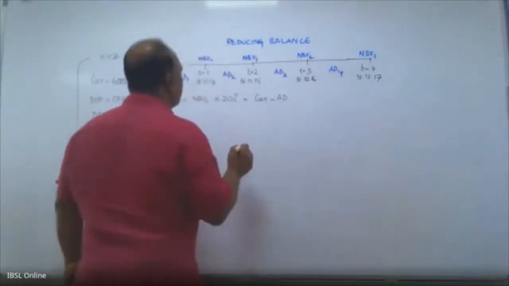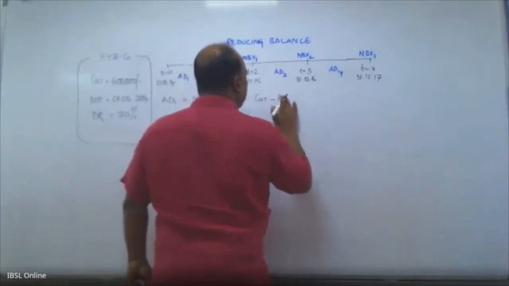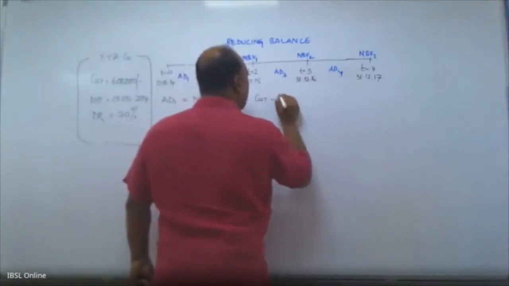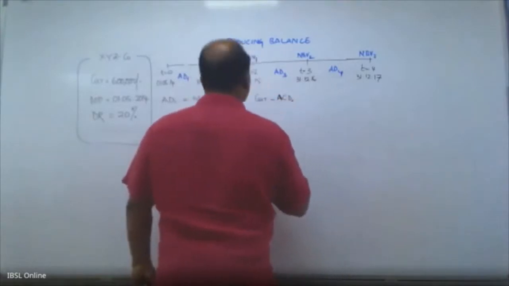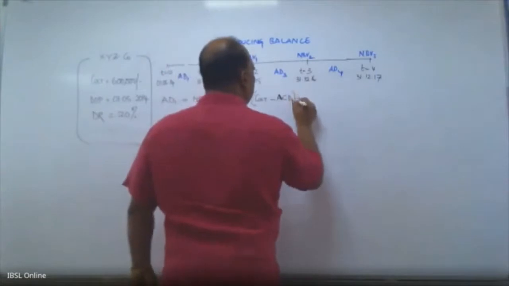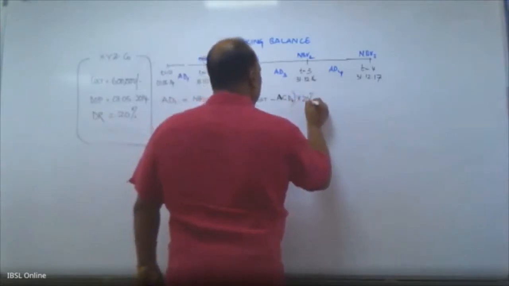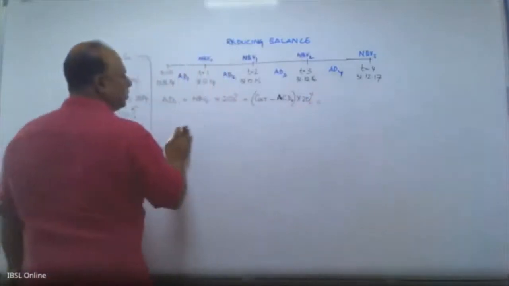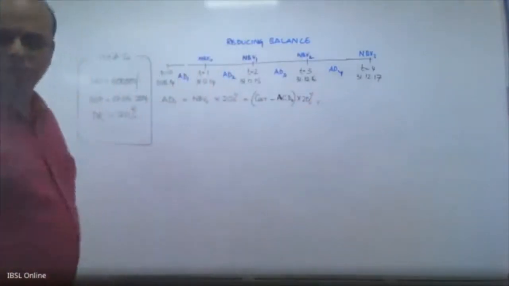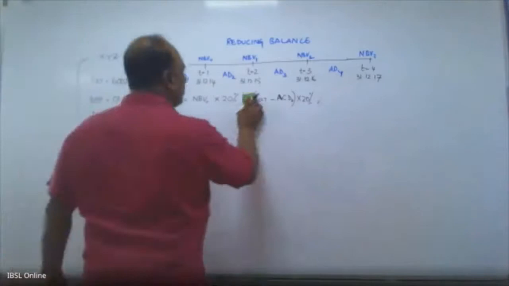I will call it accumulated depreciation 0, into 20%. So what do you mean by that? I'll just do one and then we will go into others.